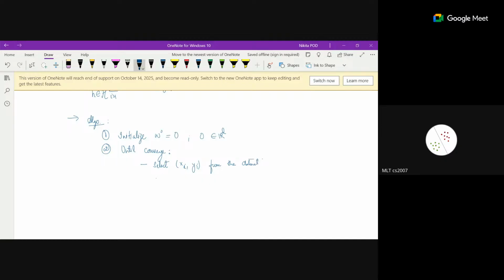Now, if the sign of W transpose xi is equal to yi, then we won't do anything. Saying that the sign of W transpose xi is exactly equal to yi means that whatever W we have is correctly classifying my data point. So in that case, we will do nothing, right?